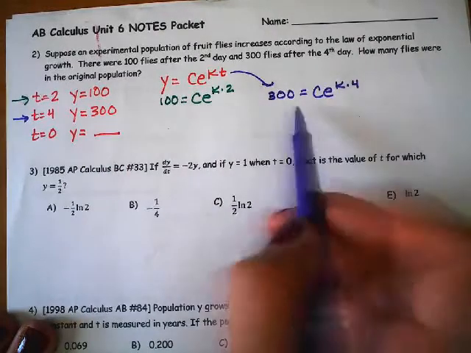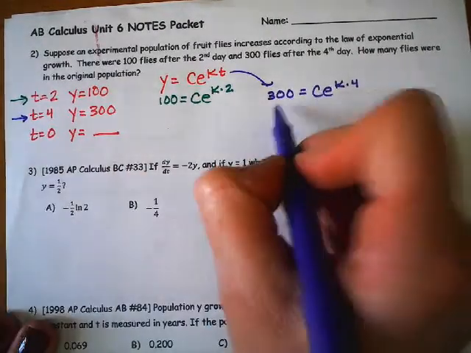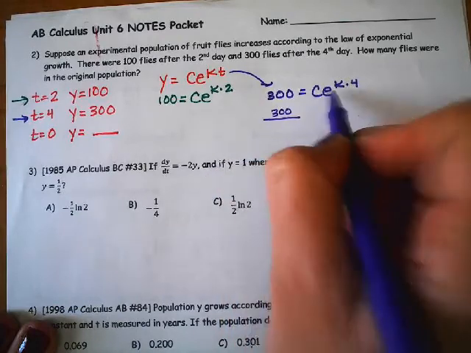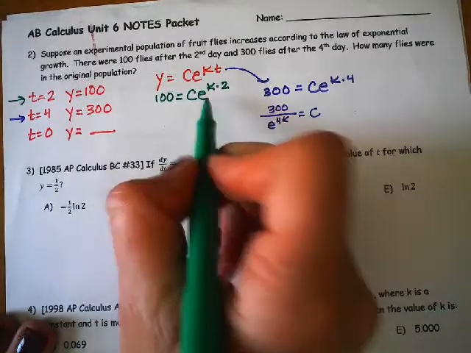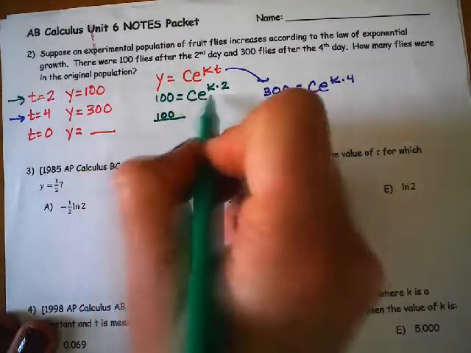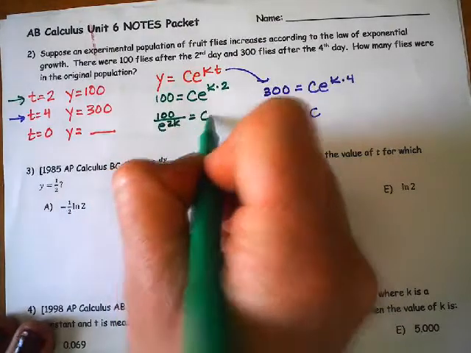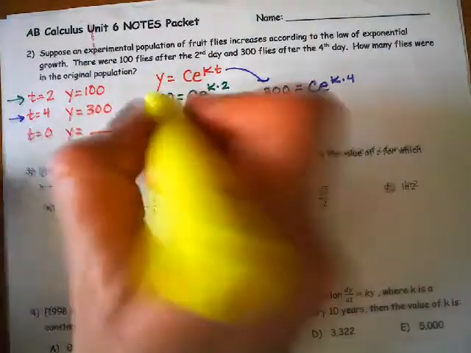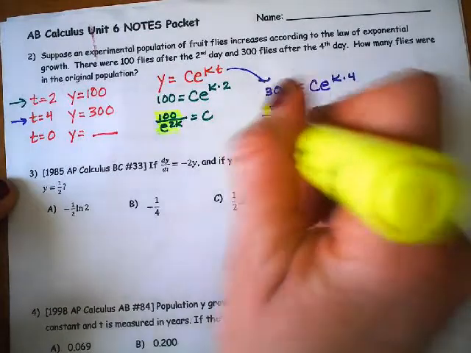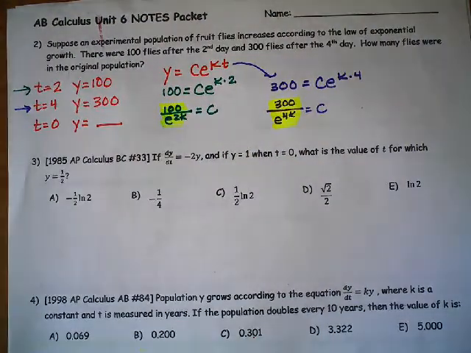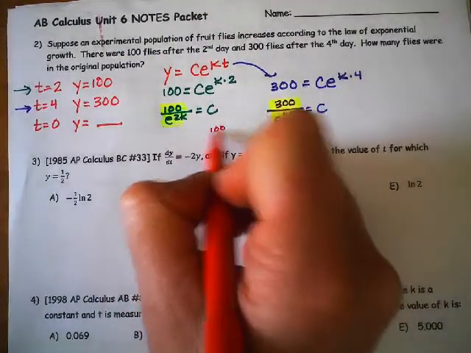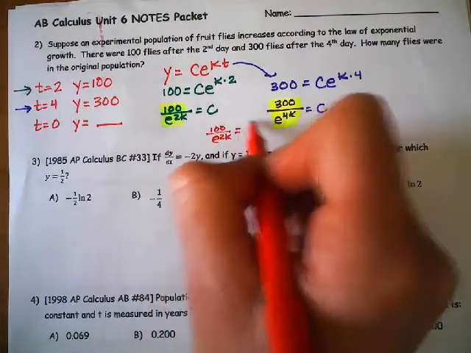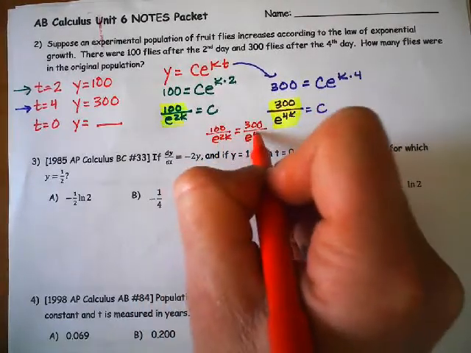So to solve for C, let's take this equation, and if I were to divide both sides by e to the 4k, I'd have C. And if I take this equation and divide both sides by e to the 2k, I have C. Well, if this is C and if this is C, I could set those two things equal to each other because they should be equivalent, and I should be able to solve for k. So I should say that 100 over e to the 2k should be equal to 300 over e to the 4k.